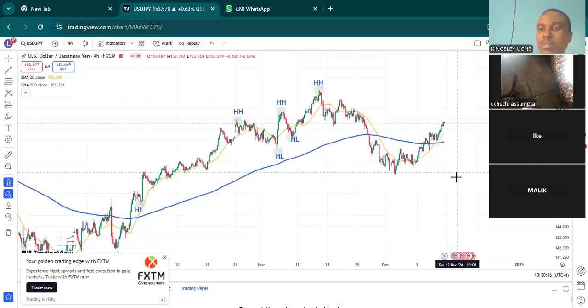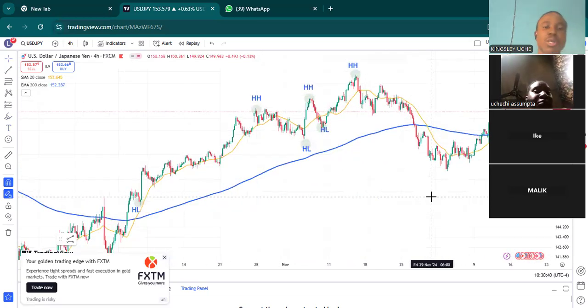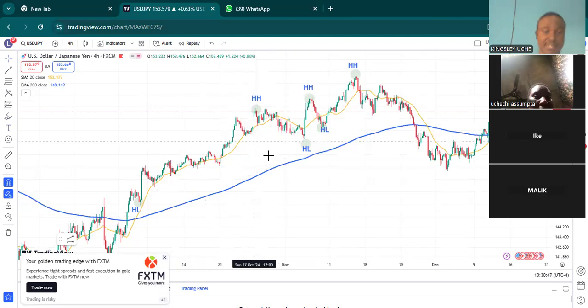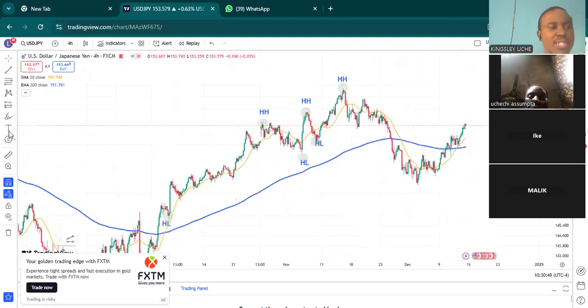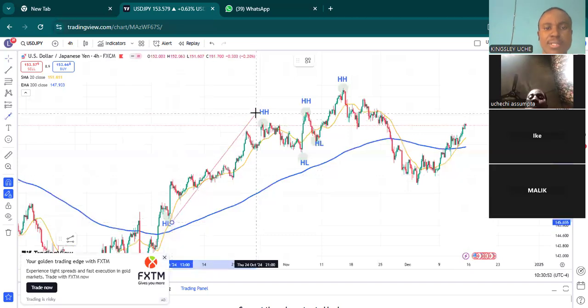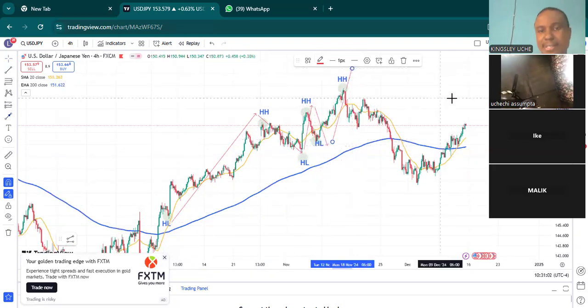Now, when you have an uptrend market, in any pair at all, we should have a higher high and higher low setup like this. If you look at it, you have something like this, like stairs.